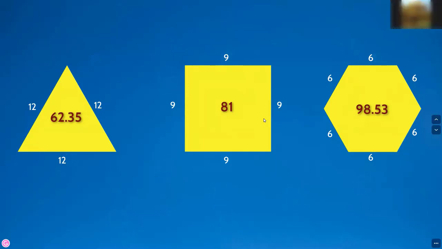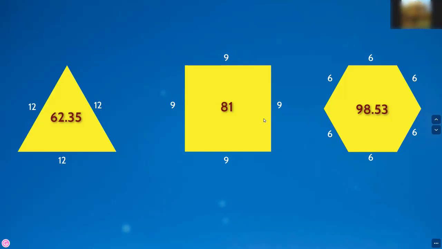If you have a triangle, it will be an equilateral triangle, because a regular triangle is equilateral. So the area will be 62.35 if you calculate this, in square centimeters. If you have a square, it's easy to calculate: 9 times 9, 81. But the area of the hexagon will be 98.53.